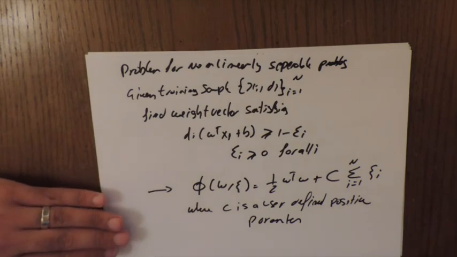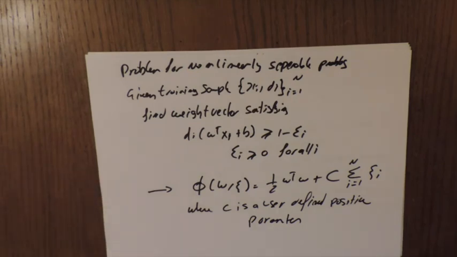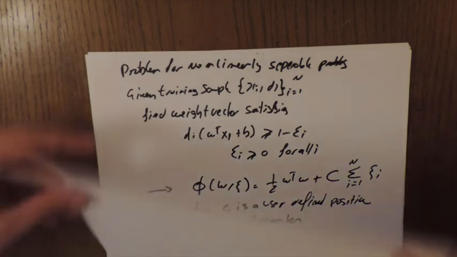So C is defined by the user, and from here we can go to the optimization problem, to the dual, the same way. We follow the same steps as we did, and we found the Lagrange dual of it.